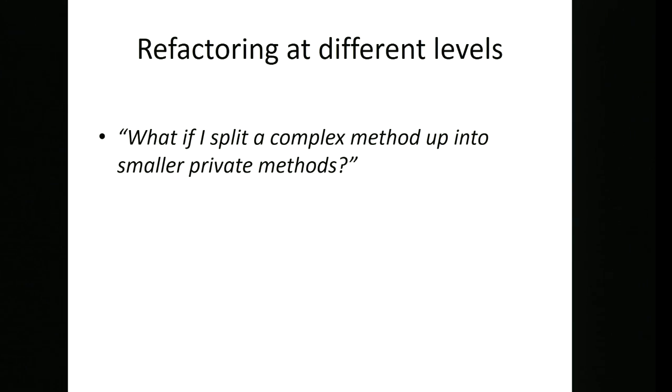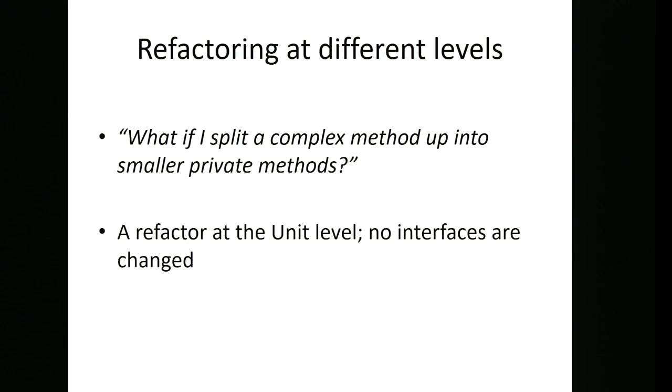A complex method into smaller private methods. Yes, it's a refactor and it's at the unit level, and the reason for that is that we're not going to change any interfaces. All we've done is create some private methods, and we can't test private methods. Well, okay, you can sometimes test private methods, but it involves doing fairly low-level things in languages.